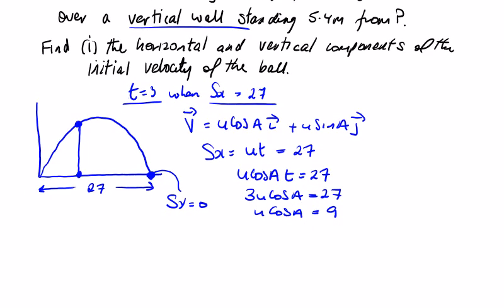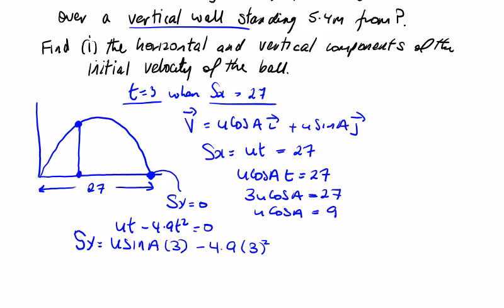So let's have a look here. s of y is equal to u sin alpha t minus 4.9 t squared. That's going to be 0. So u sin alpha times t, which is 3, minus 4.9 by 3 squared equals 0. So 3u sin alpha is equal to 9 by 4.9s, which is 44.1.